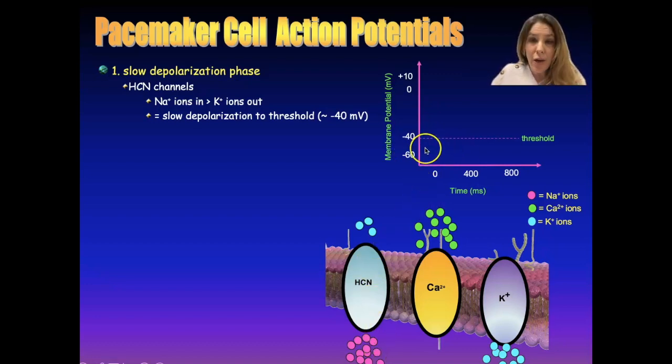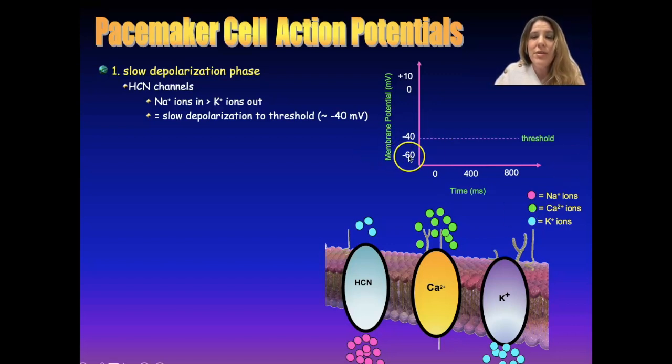So now let's see how that translates to this graph. We have on the y-axis membrane potential in millivolts, and on the x-axis we have time going from 0 on up in milliseconds. And then I've labeled here at -40, that's our threshold membrane potential for pacemaker cells. And remember that we're going to start at resting membrane potential at -60 millivolts. And so these HCN channels will open, a conformational change, in response to that voltage hitting -60 millivolts, so hitting resting potential.